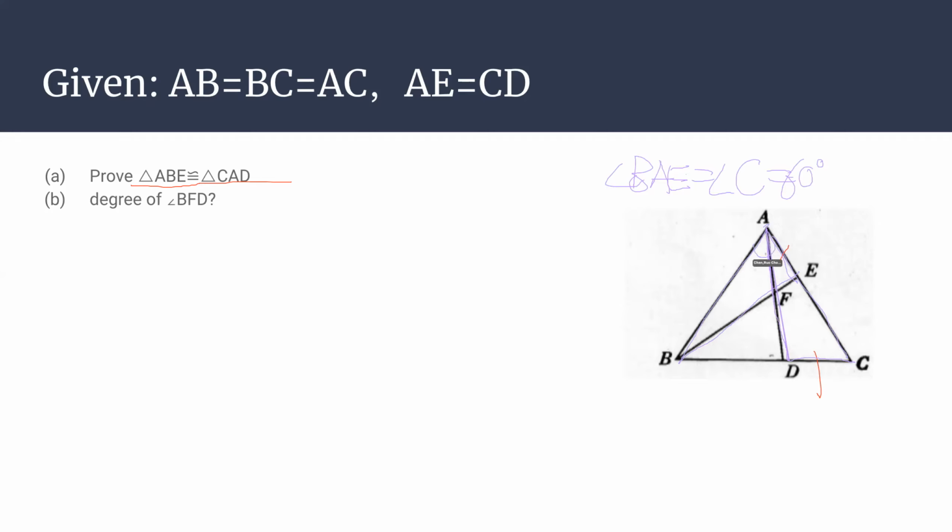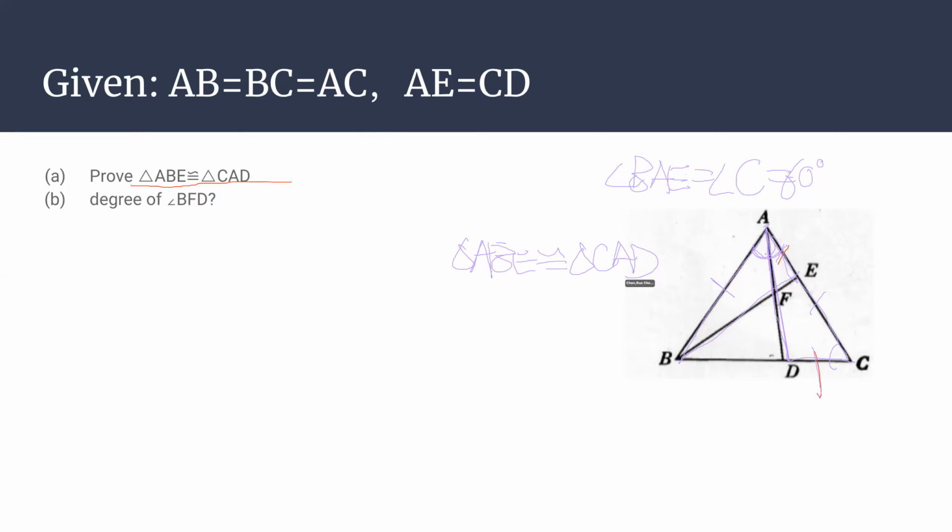And then we know that AB equals AC. And then we further know AE and CD are equal. So they sandwich the same equal angle. So we can easily know that ABE is congruent to triangle CAD.